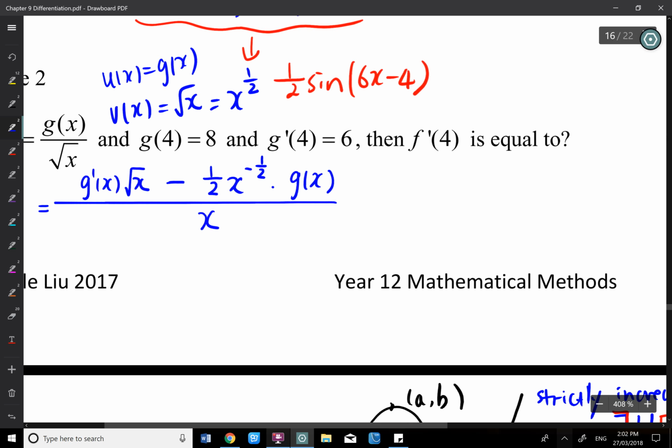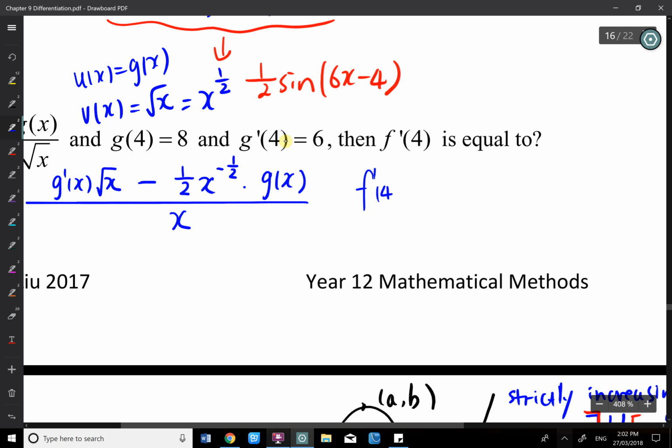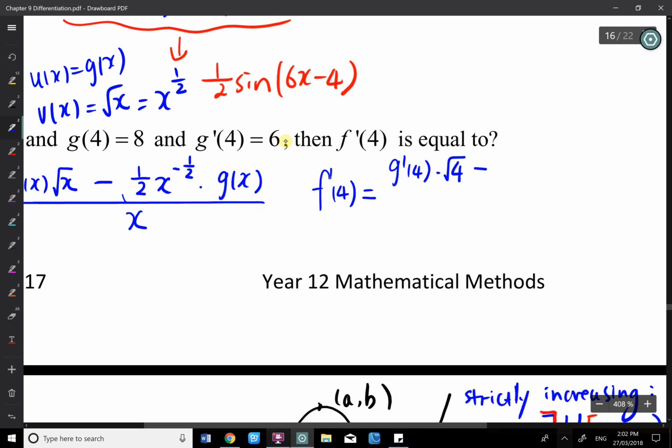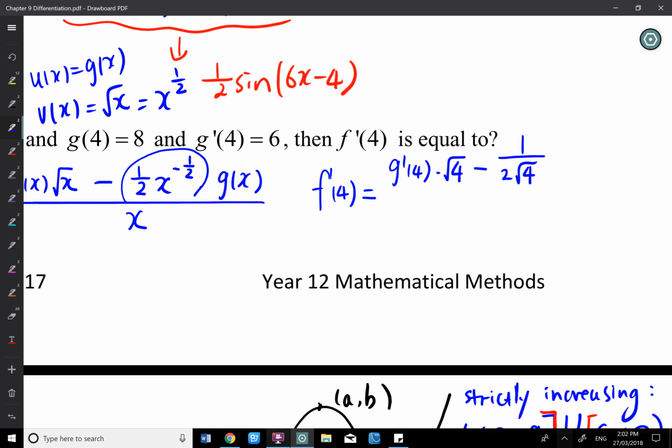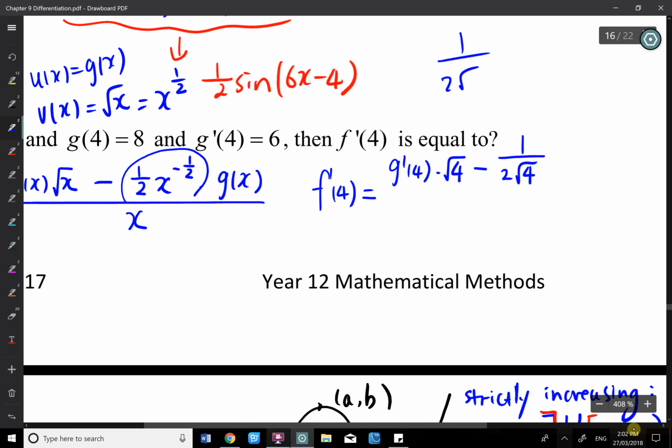So f dash 4 equals g dash 4 times root 4 minus 1 over 2 root 4, because that's 1 over 2 root x, times g(4), over 4.